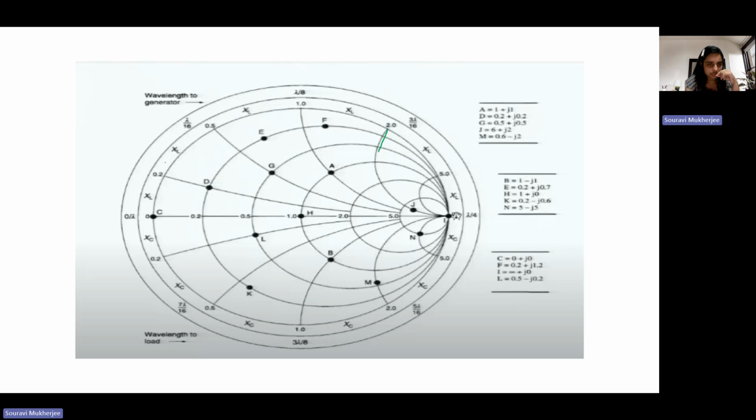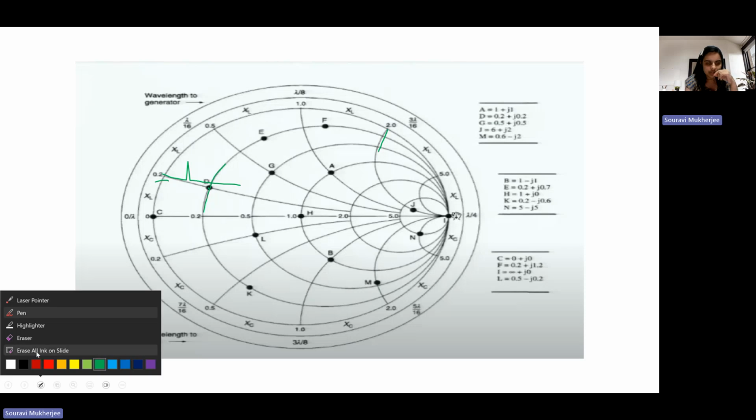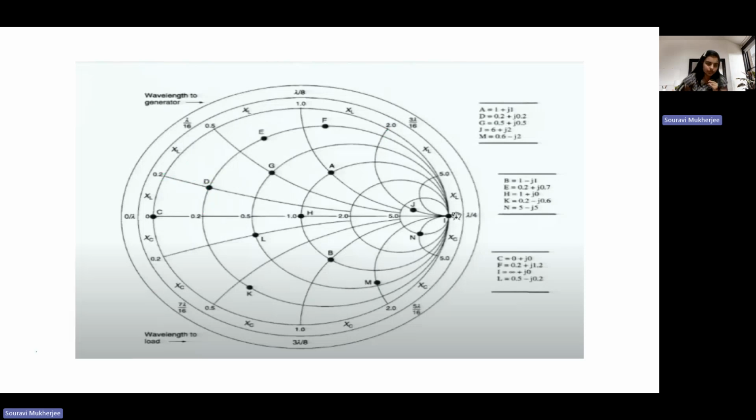Oh no, this is 2. No, no, 0.2, so this is this one. So this arc and this circle match at this point, right? So that is your D. You can practice using the Smith chart to represent all these different kinds of impedance values; you should know how to do this.